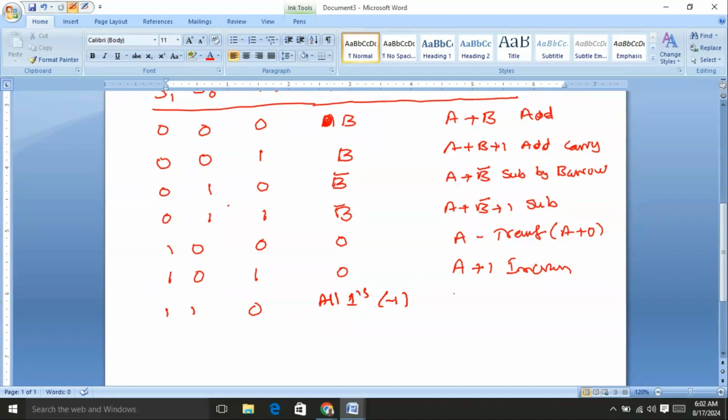Hence we are going to write it as A minus 1. This is the decrement. Again 1 1 and 1, here also all ones are transferred as the input from the multiplexer. This value is minus 1. Now A minus 1 plus 1, that is again a transfer.